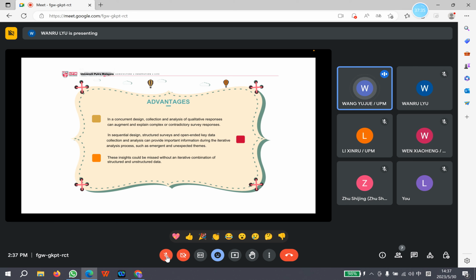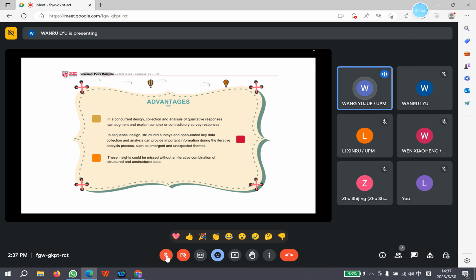This part is advantages. In a concurrent design, collection and analysis of qualitative responses can augment and explain complex or contradictory survey responses.